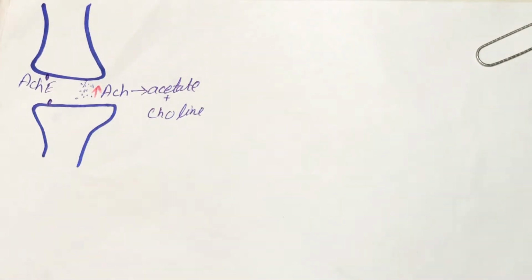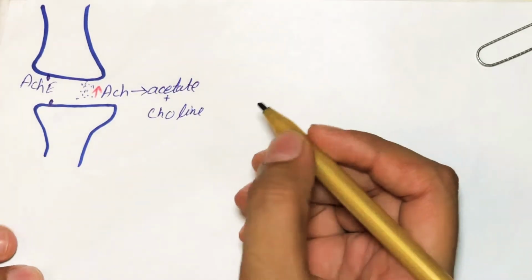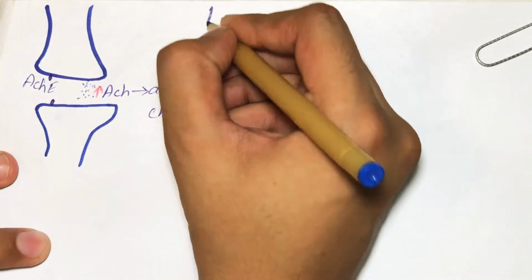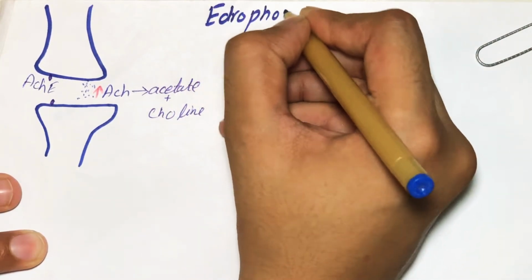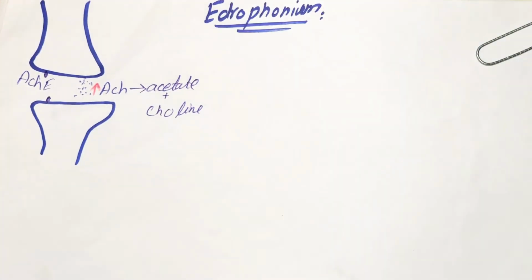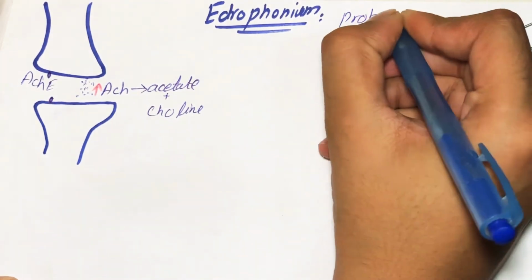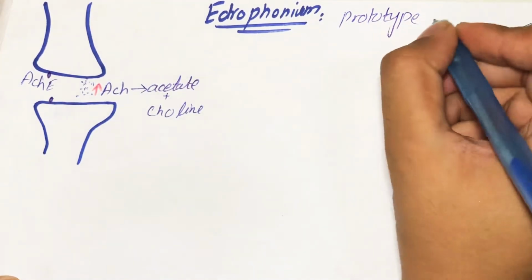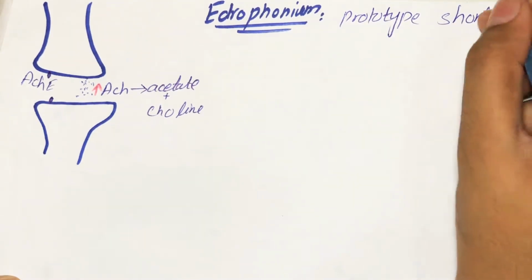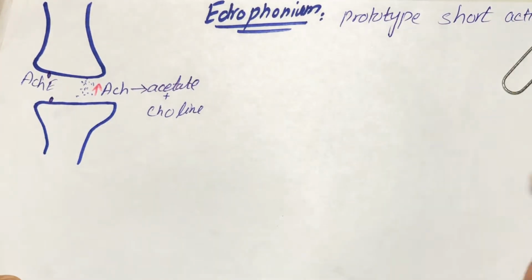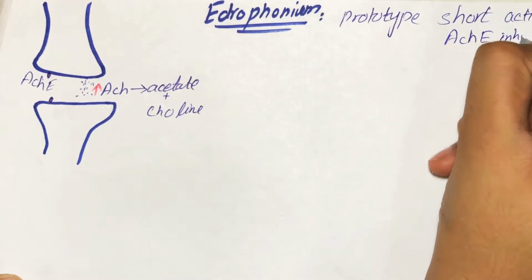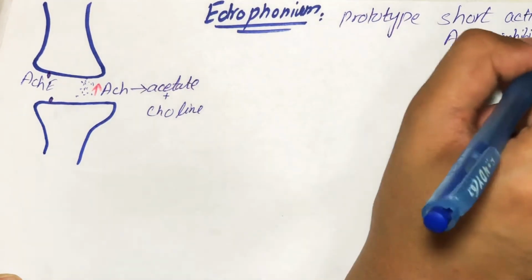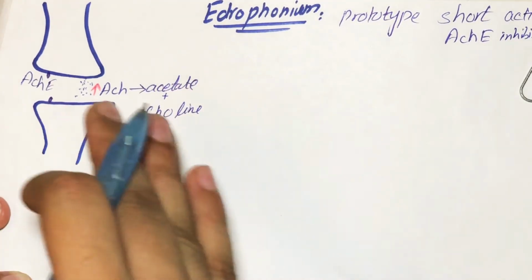So first of all we have an agent called Edrophonium. This agent is a prototype of short acting acetylcholine esterase inhibitor, and it is reversible. It is not irreversible binding.